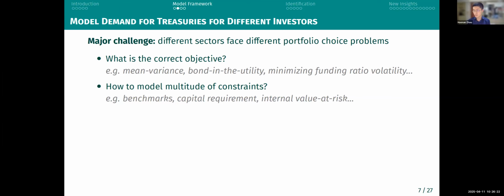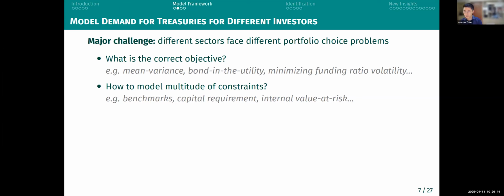Modeling these investors' problems in detail is rather difficult, and I'm not even talking about regulatory constraints, benchmark value at risk, and all these different things that are potentially going to matter when we model investor behavior.